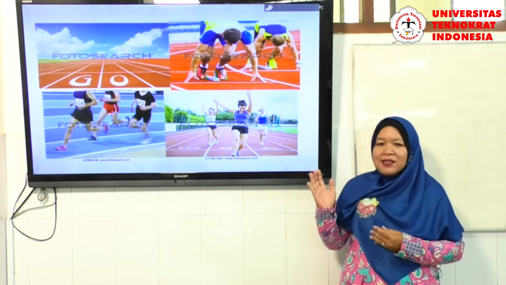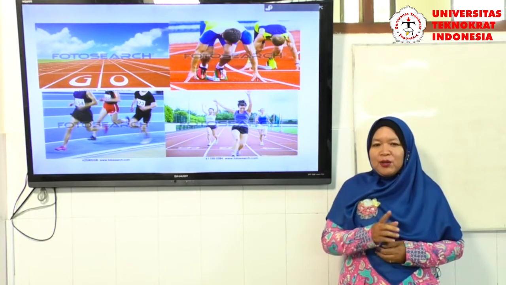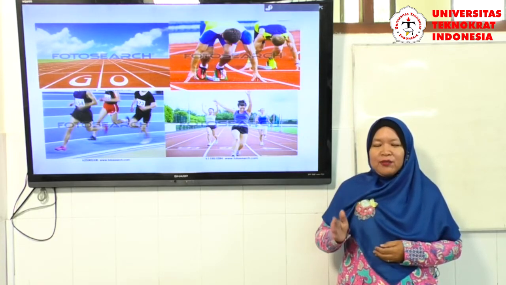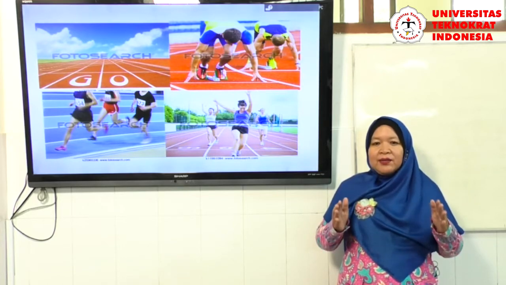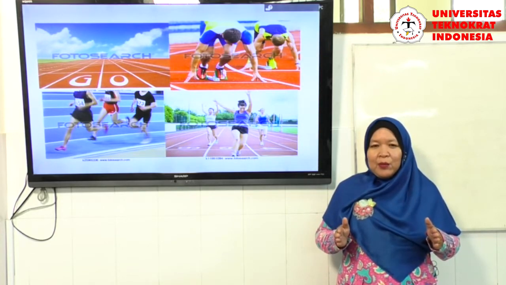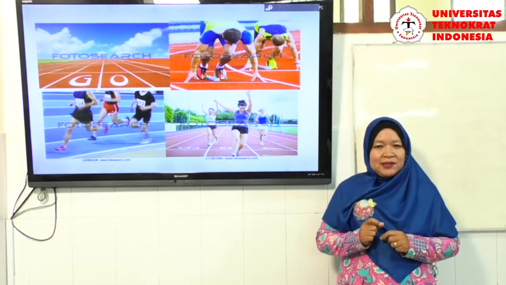As you can see, in the picture of the athletic running track, there are some tracks for runner 1, runner 2, runner 3, runner 4, etc. So the whole track is the curriculum, while the single track is the syllabus.